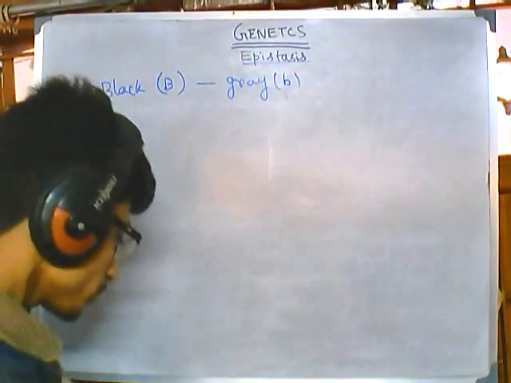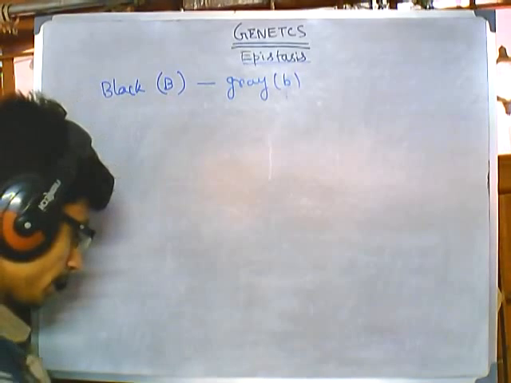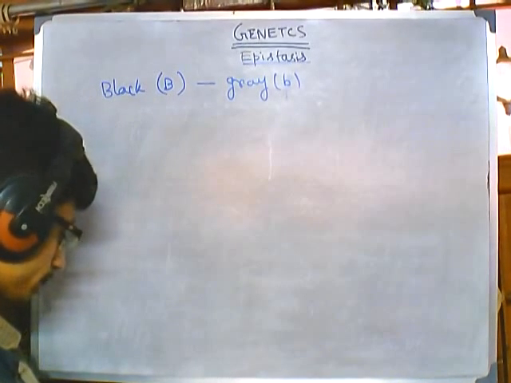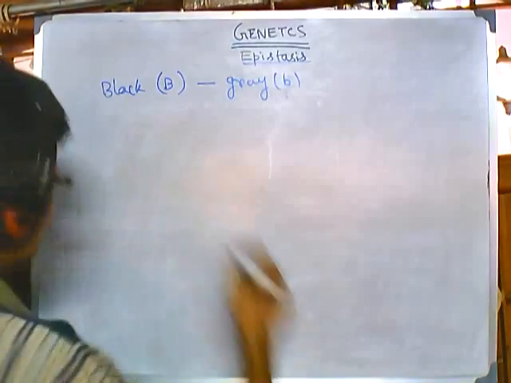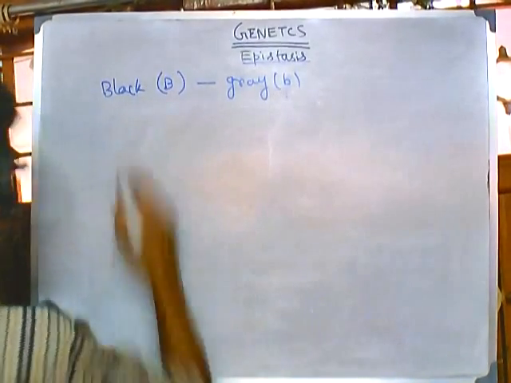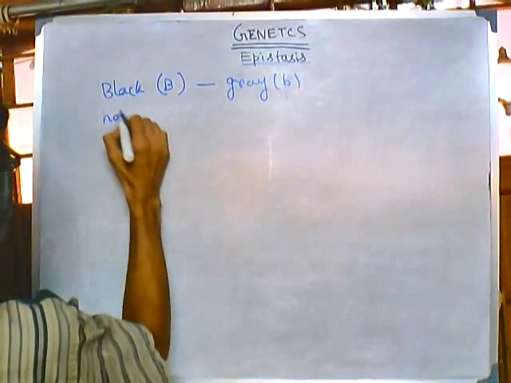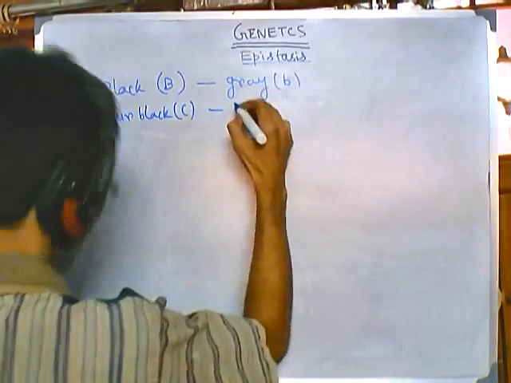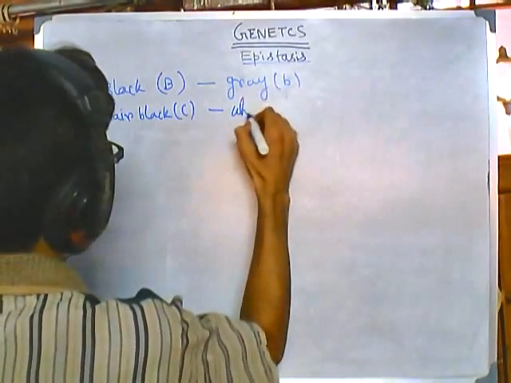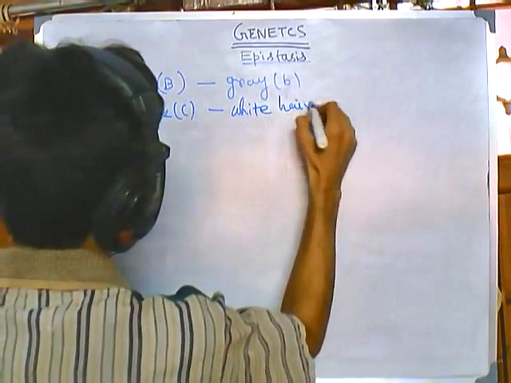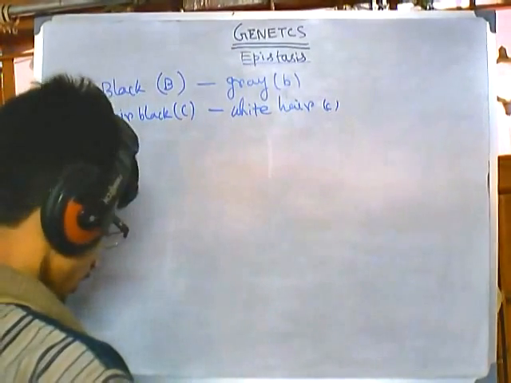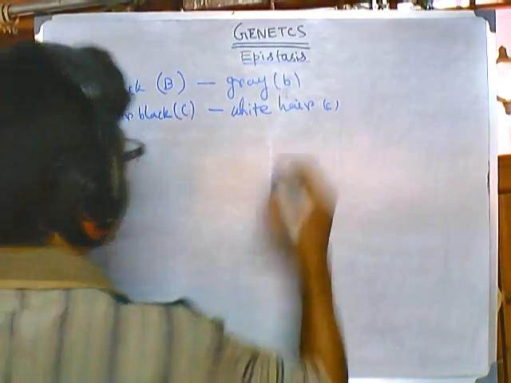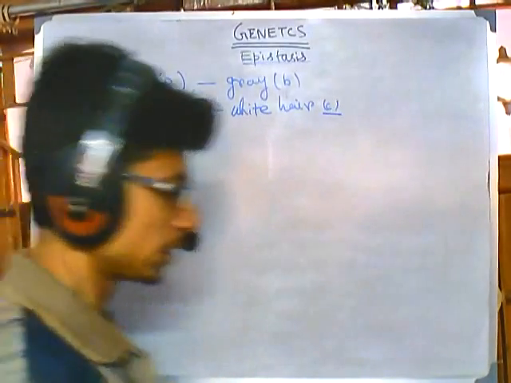Okay, and C is for hair color: black hair, cap C, dominant over white hair color, which is small c. Okay, so let me change the color.